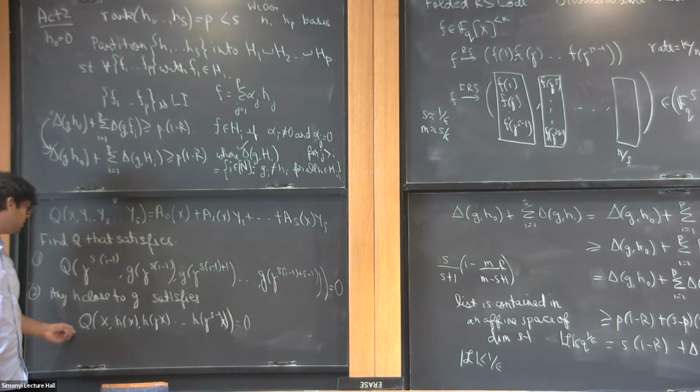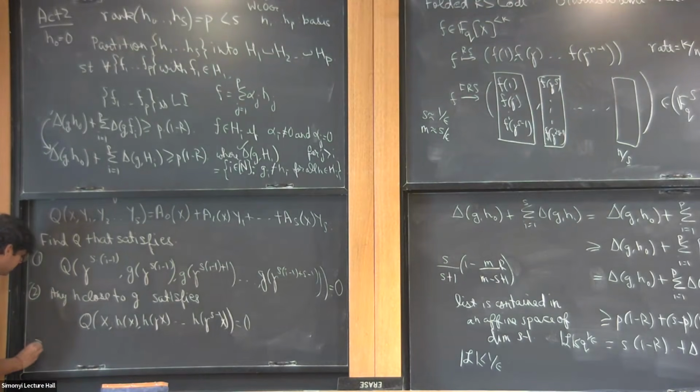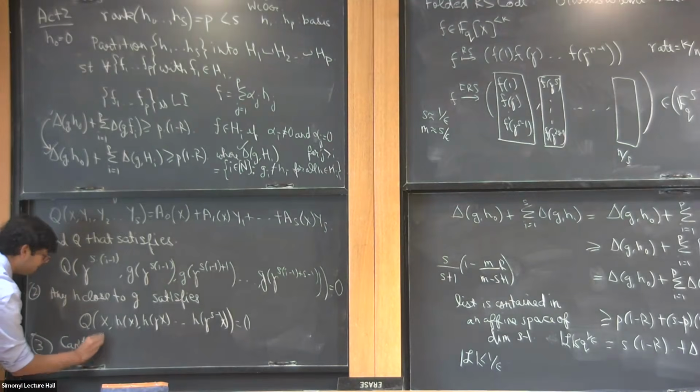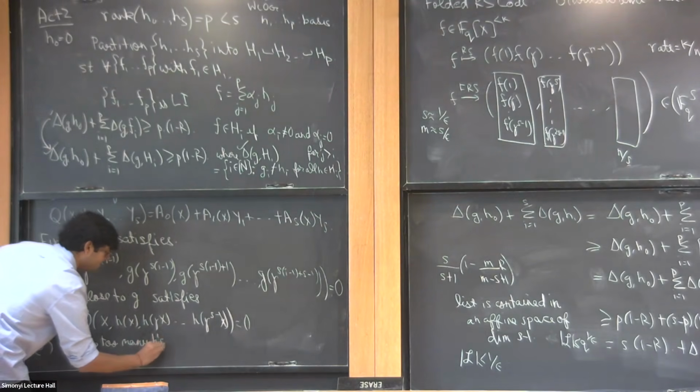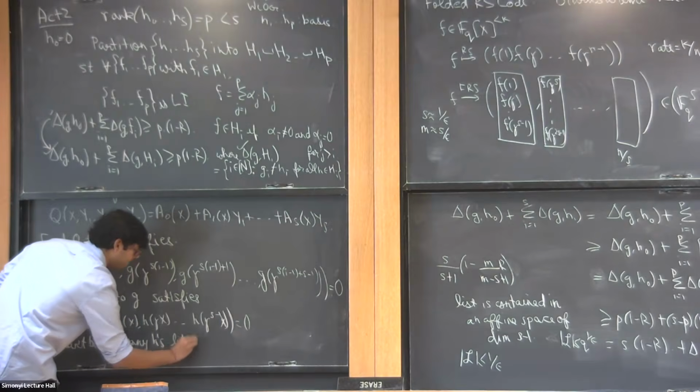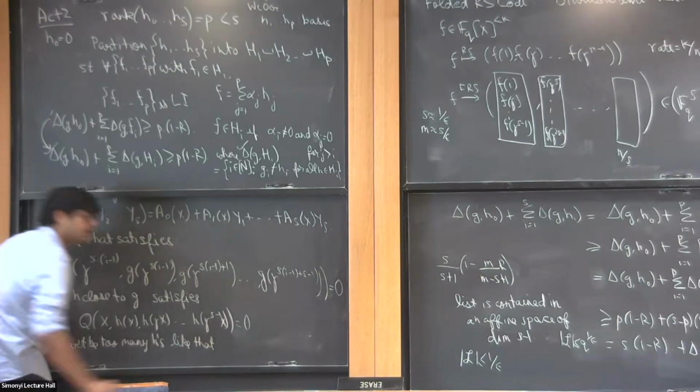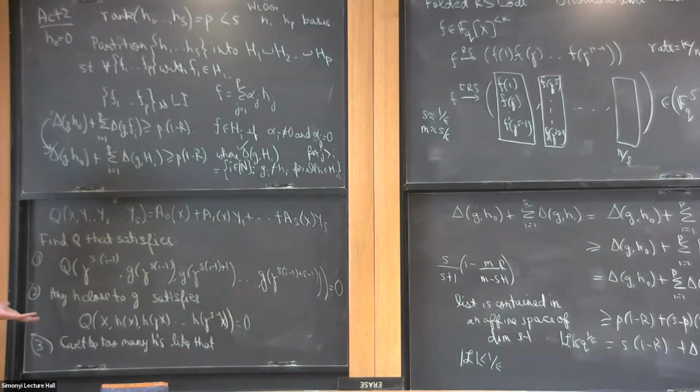And then the third part would be to say that there can't be too many H's like that. So this proof will exactly be similar to what we saw before. But algorithmically, there are just two linear systems to be solved.